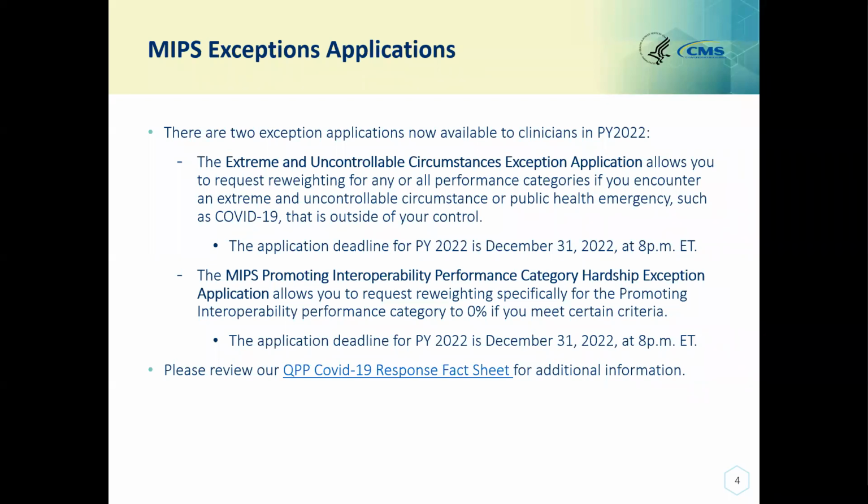On the website, we also list the different criteria that you would need to meet to have this exception applied to you. Again, both applications are open through the end of the year. Thank you, Eve. If folks see it, links are popping up in the chat, so that's great. Next slide, please.